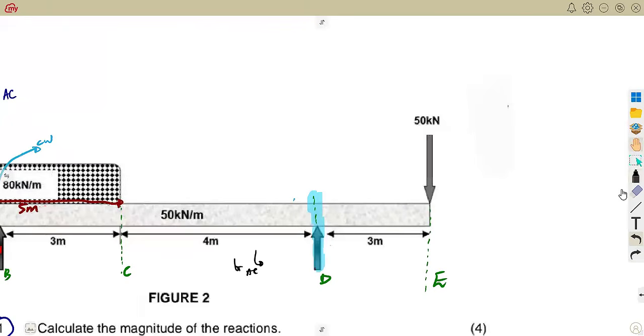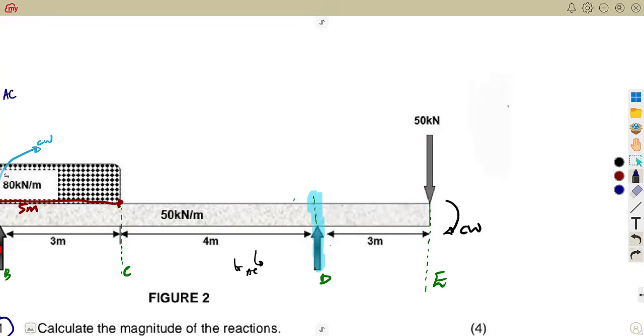So let's not talk about this. Let's figure out what is on the right side. On the right side, do we have anything that is going in the clockwise? Yes. The 50 kilonewton is moving this way, guys, back to D. It is moving in the clockwise. Also, the 50 kilonewton per meter here is distributed throughout, remember.